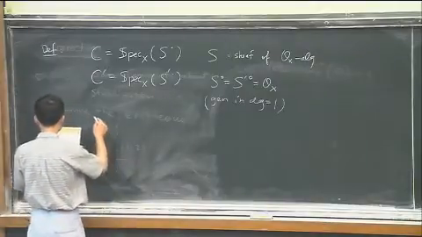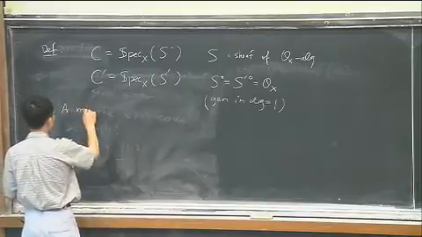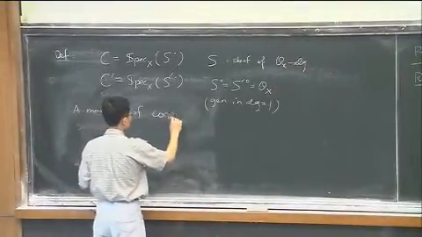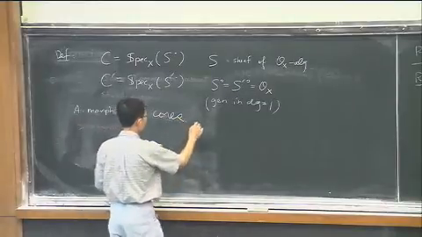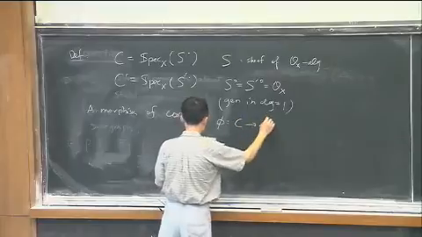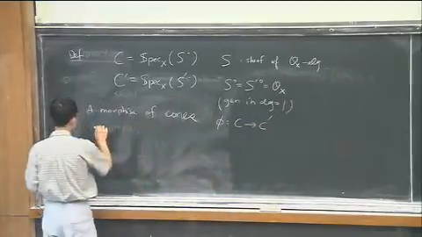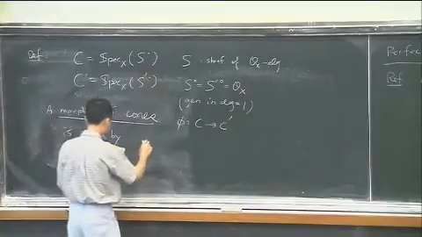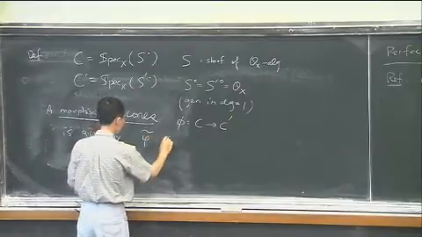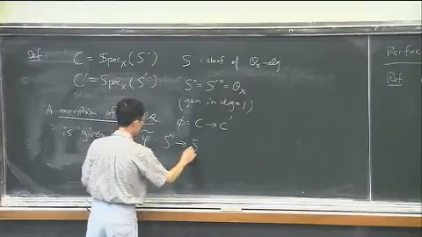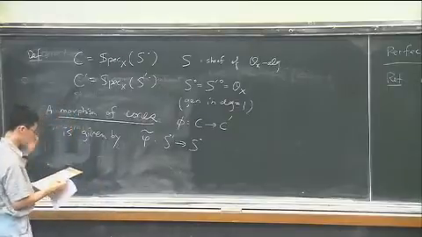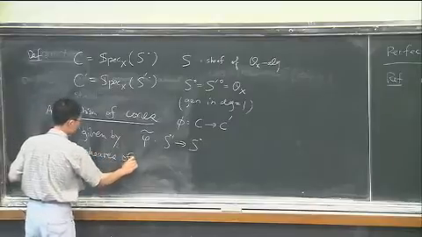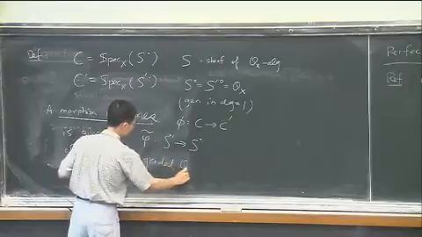So I first define a morphism of cones. If I want to give you a morphism of cones, it has to be given by a morphism of sheaves of graded OX algebras.